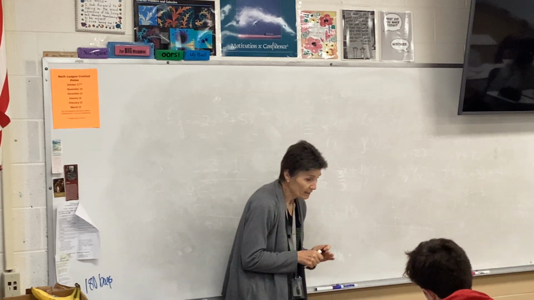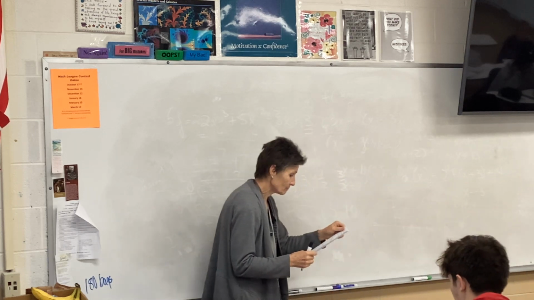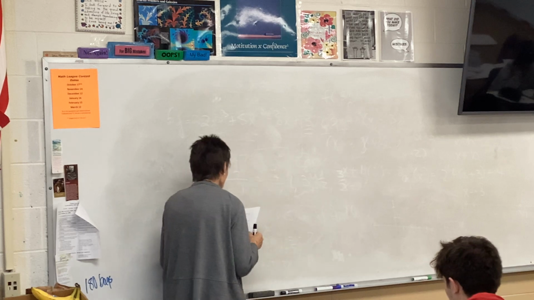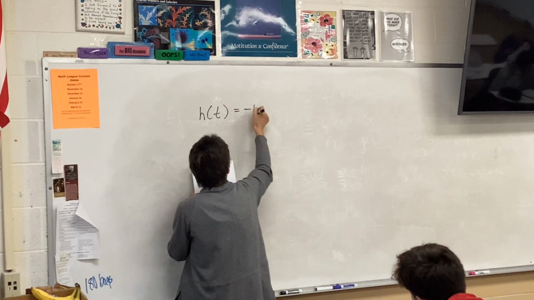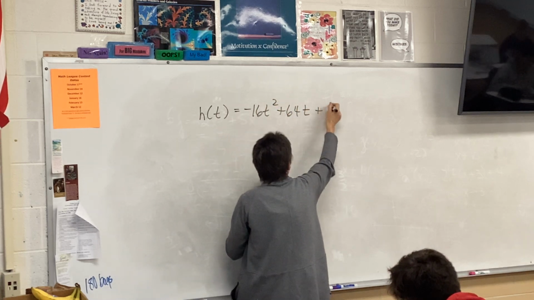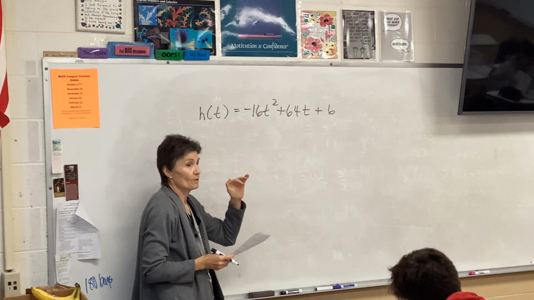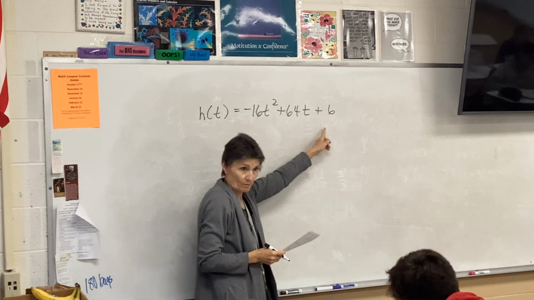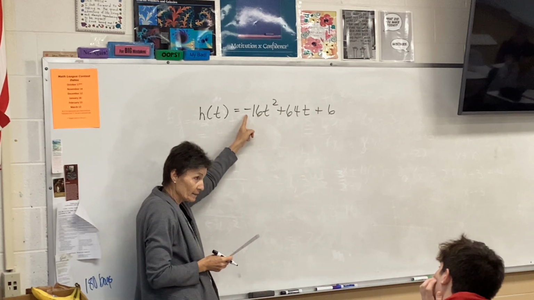All right, let's get out practice test 2, and here we go. Number 1, the height of a ball above the ground is given by this equation. Okay, so let's just stop before we go any farther. This is a quadratic, right? An x squared. It has a negative out in front of it.